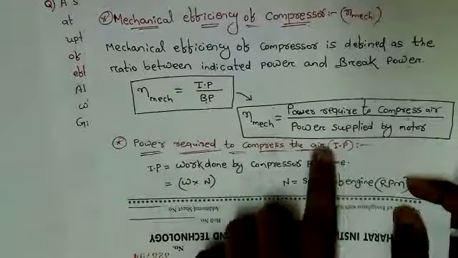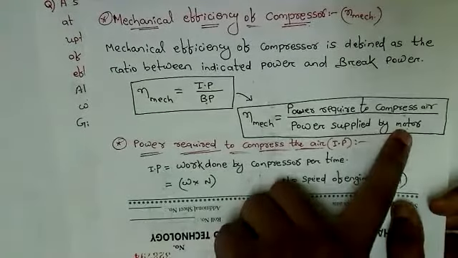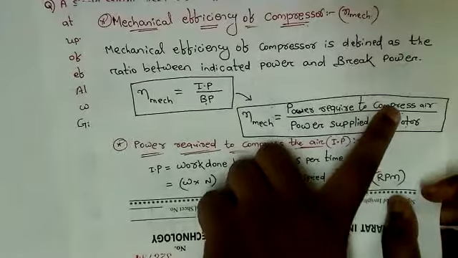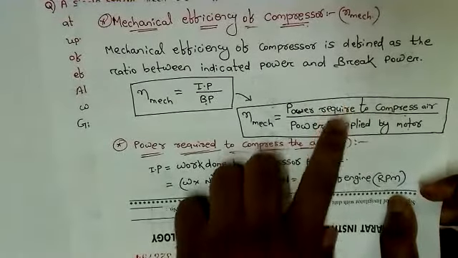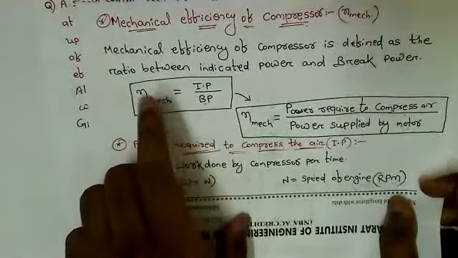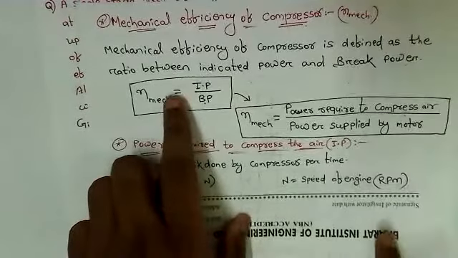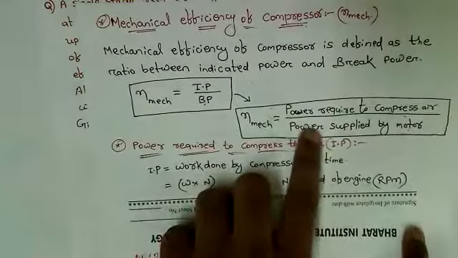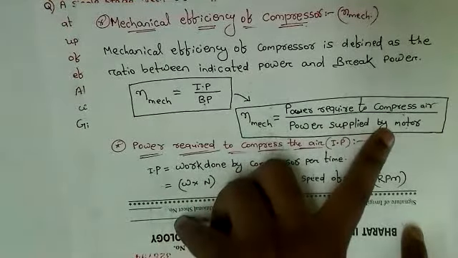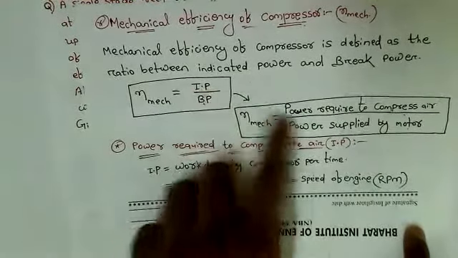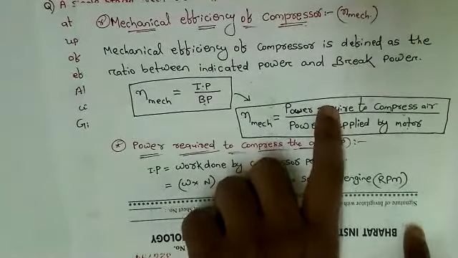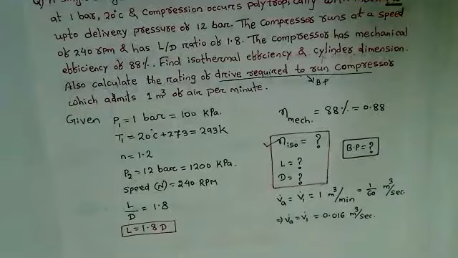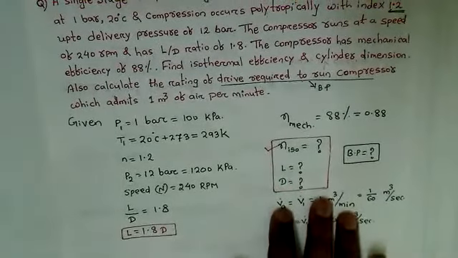Brake power means whatever power we are supplying to the motor, and indicated power means the power required to compress the air, the polytropic or isentropic power. Yesterday I told you regarding mechanical efficiency. We will not get any diameter or length from mechanical efficiency.